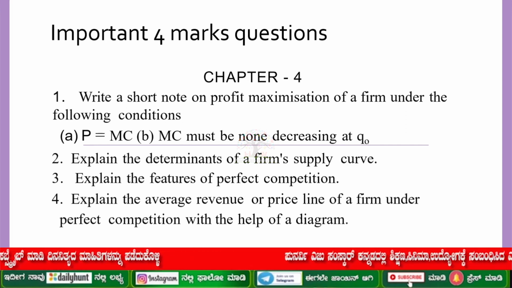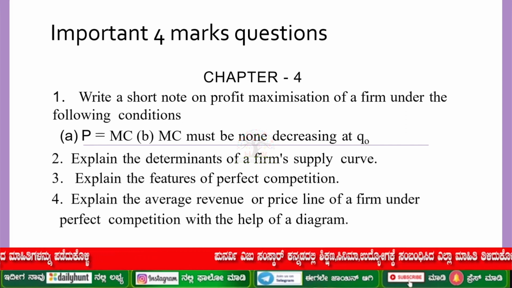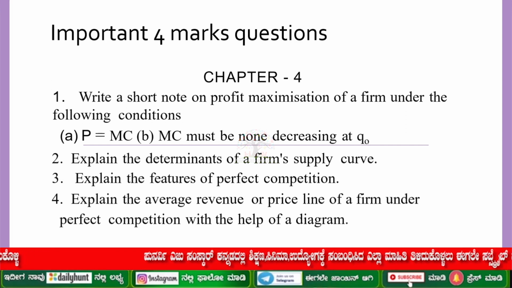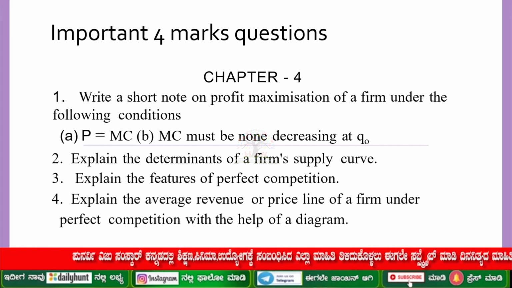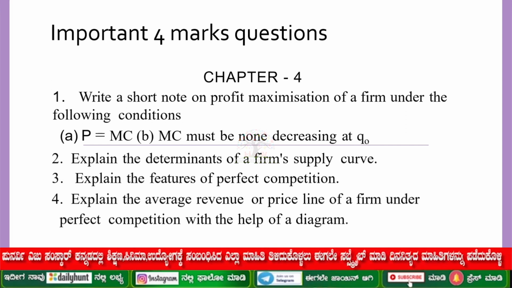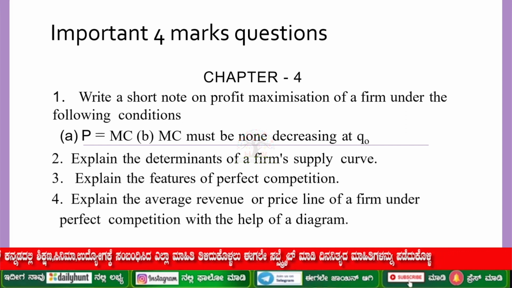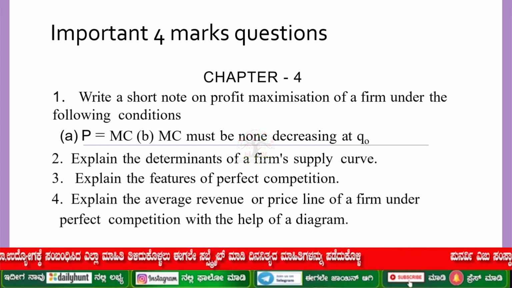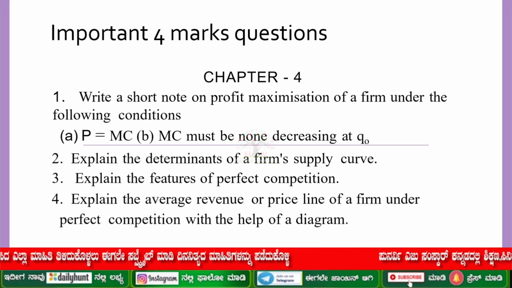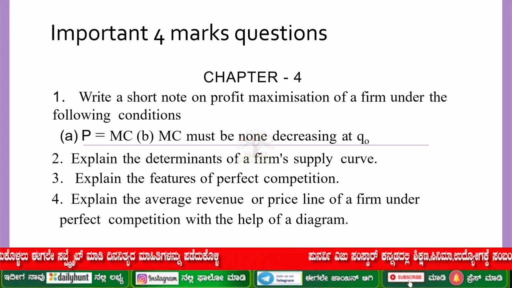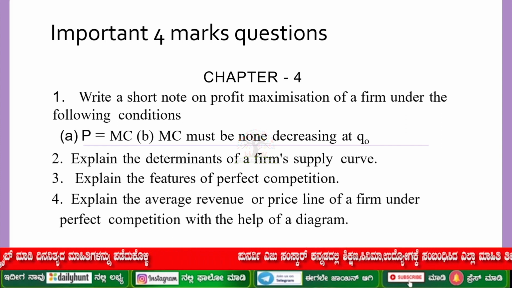Then determinants of firm supply, features of perfect competition, and the average revenue or the price line of a firm under perfect competition with the help of diagram. So out of these 4, one 4-mark question you need to attend. So prepare these questions properly.